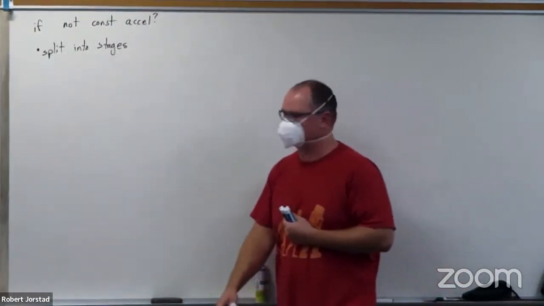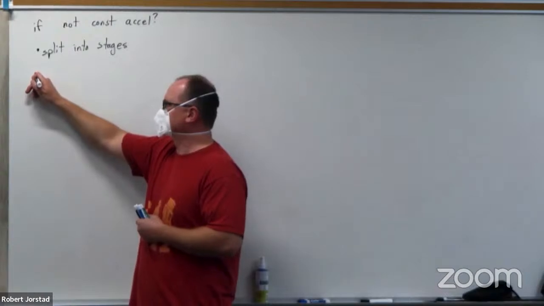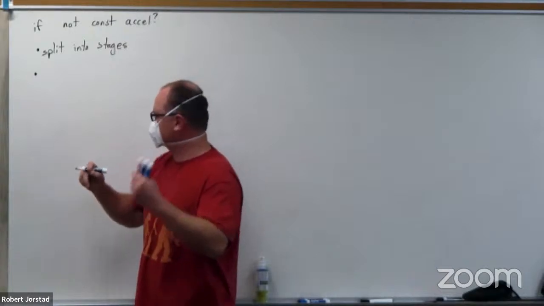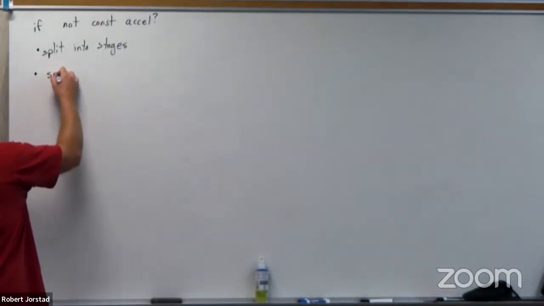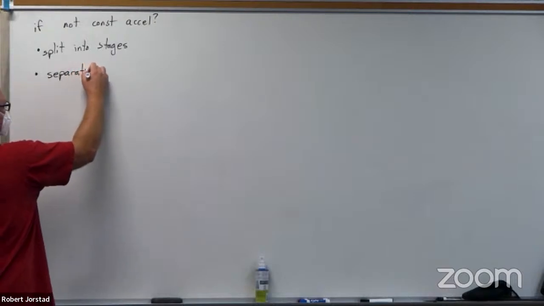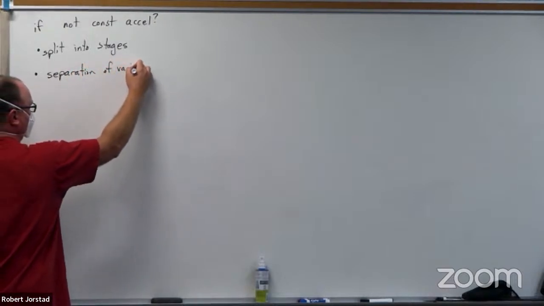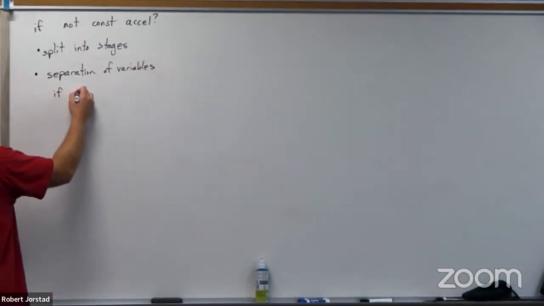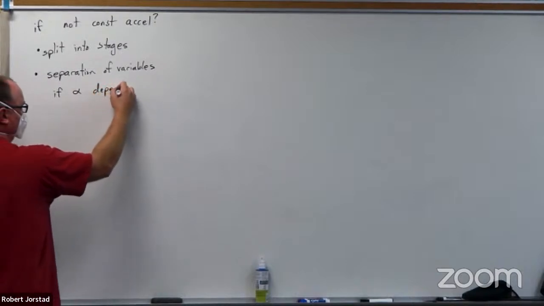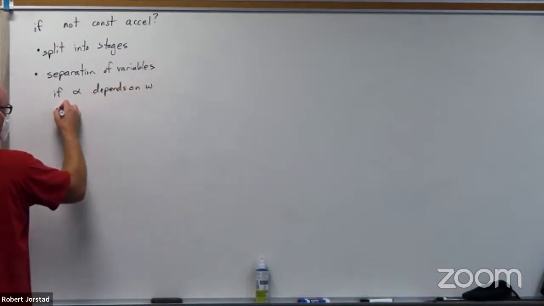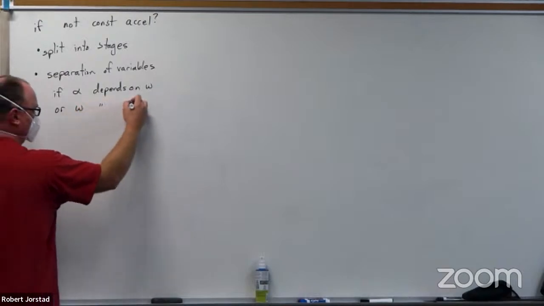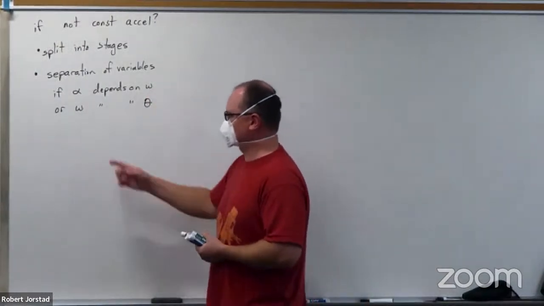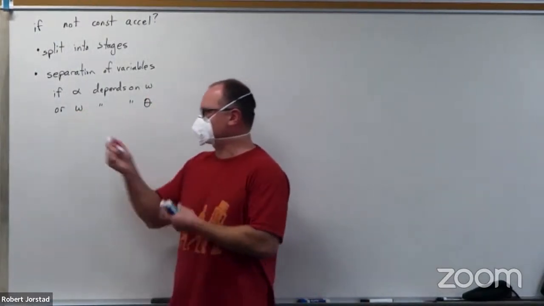What's another thing that we sometimes did? We could do separation of variables. And for example, if alpha depends on omega, or if omega depends on theta, that would be a case when we might do that.